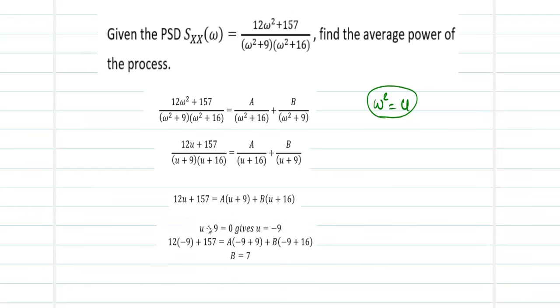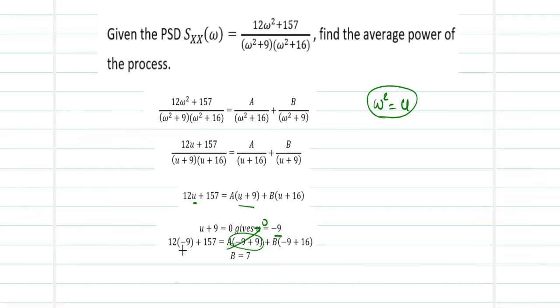When I equate the first factor, u plus 9, to 0, I will have u equal to minus 9. In place of u, I replace it as minus 9: 12 times minus 9 plus 157 equals A times minus 9 plus 9, plus B times minus 9 plus 16. The minus 9 plus 9 vanishes and moves towards 0.